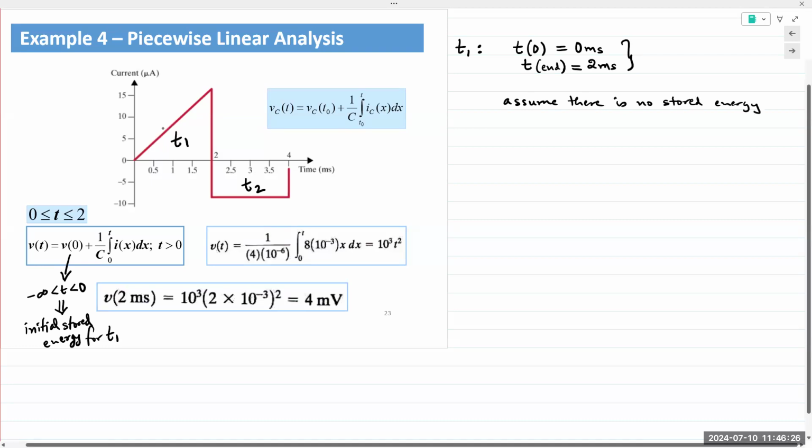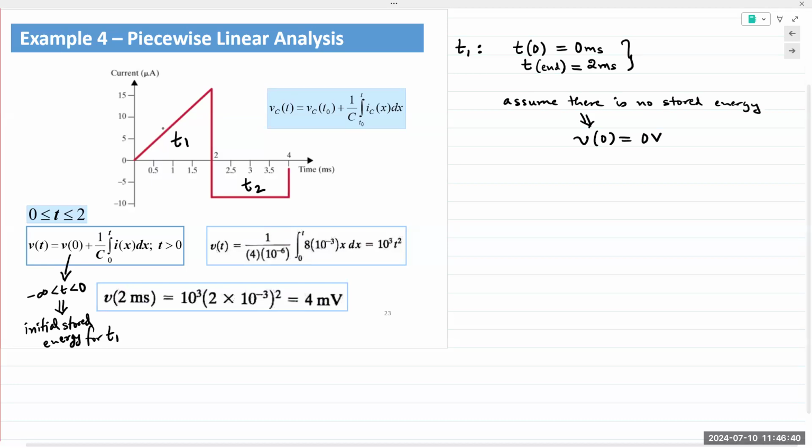Because nothing is explicitly stated, we can state voltage prior to time t equal to 0 is 0 volts. There was no energy present in the circuit, nothing is stated, and so we take it as 0 volts. Then all that remains is to plug in the values into this equation and solve.